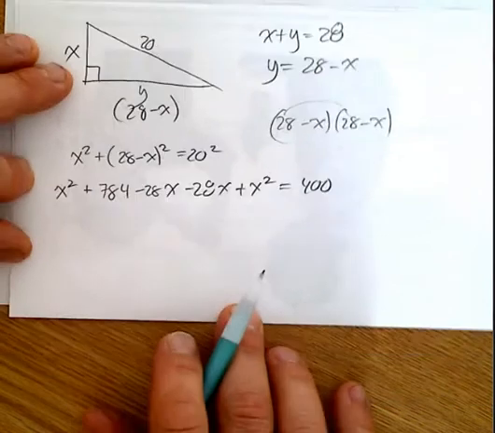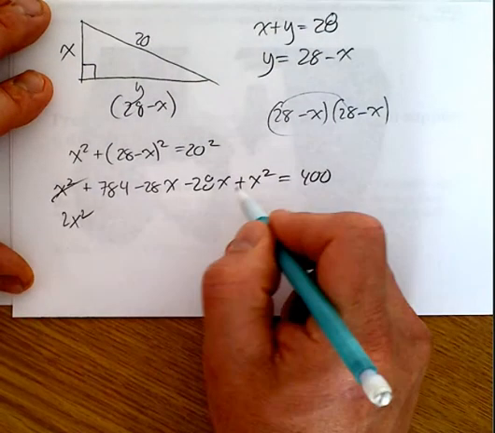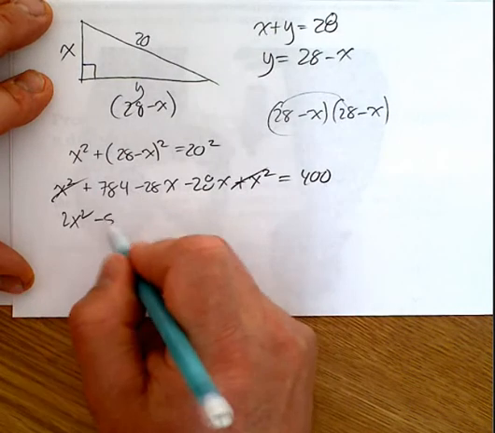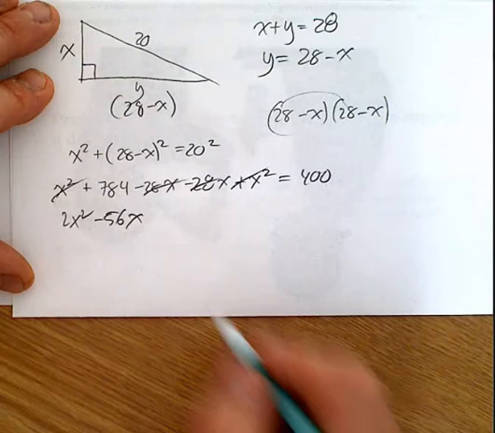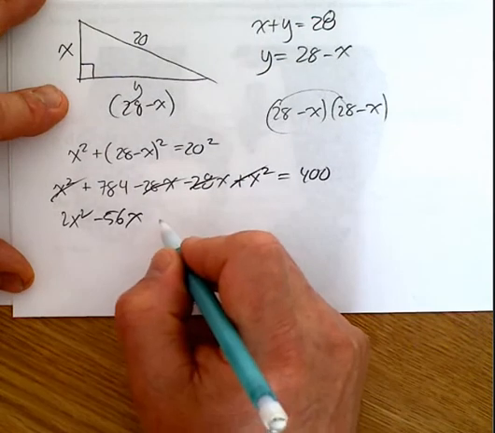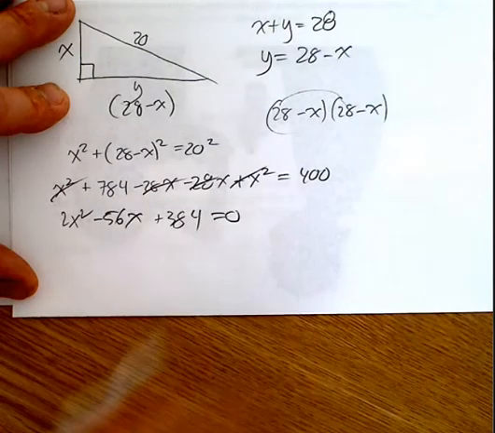Now we're on the right track here. We just have to simplify, right? 2x squared, let's get rid of those, minus 56x, that gets rid of those. 784 minus 400 is positive 384 equals 0.